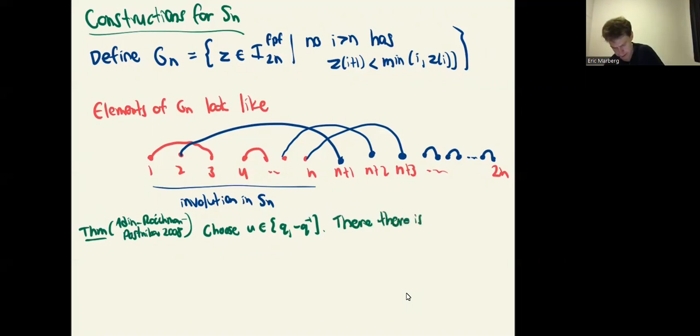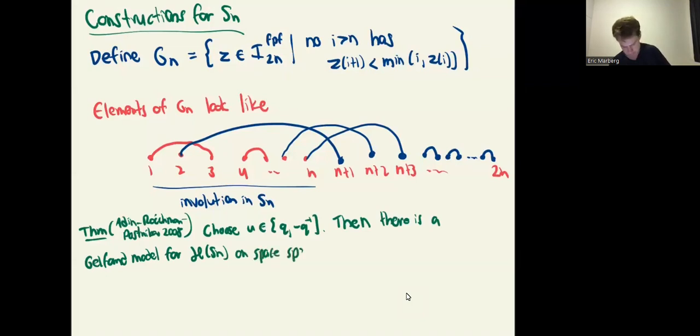there is a Gelfand model for H of Sn on the space spanned by mz for z in Gn, such that we have the following multiplication formula.